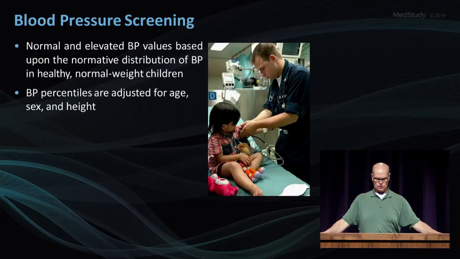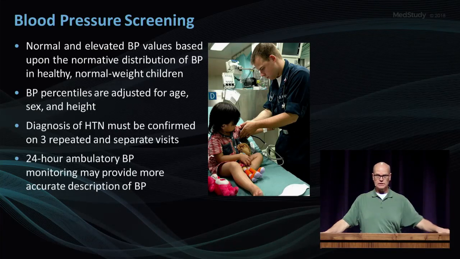How about blood pressure screening? Again, we've talked about this previously, and that the diagnosis should be confirmed on no less than 3 repeated and separate visits. And as I mentioned earlier, ambulatory blood pressure monitoring may be a very effective way to diagnose that, especially in those children who are particularly anxious.